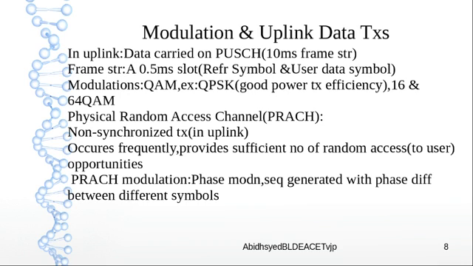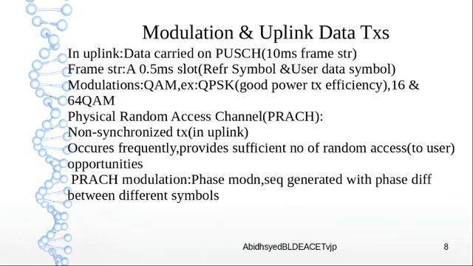It is a type of phase modulation, with a sequence generated with a phase difference between different symbols. The sequence is generated depending upon the phase difference, say pi by 4, 3 pi by 4, 5 pi by 4, because it is quadrature.